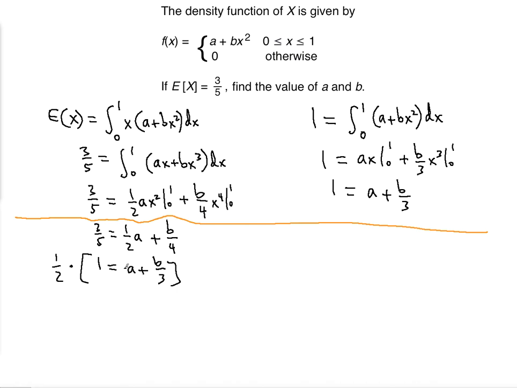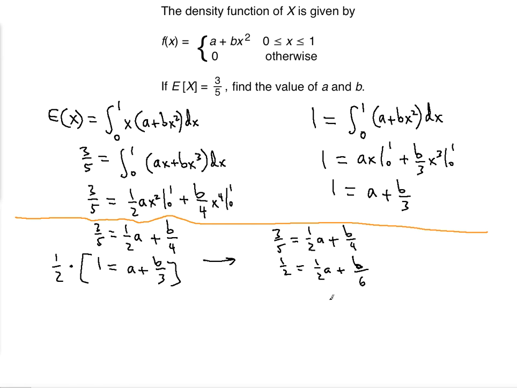So that we will have 1/2 multiplied by a. In this way we can subtract the second equation from the first and eliminate a and solve for b. So as a result we will have 1/2 a plus b over 4, and this one will become 1/2 equal to 1/2 a plus b over 6, if you do this properly.